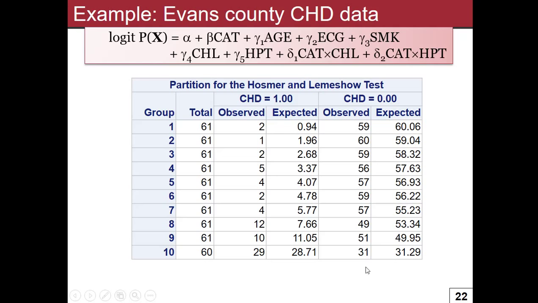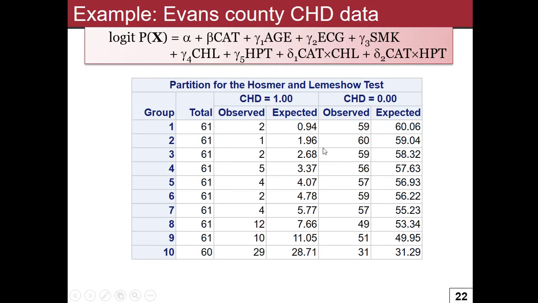Okay, and this is the Hosmer-Lemeshow test. It's going to look at the difference between these two. If your model's nailing it on average, hey, look, the model says 29 and I observed 29, that's pretty good. Here I'm only off by 1 on average: 2 versus 0.94, 1 versus 2, 1.96, that's sort of 2. Those are small deviations maybe.